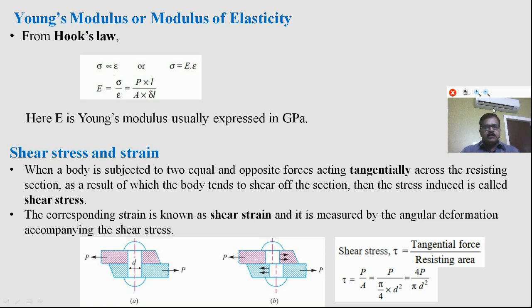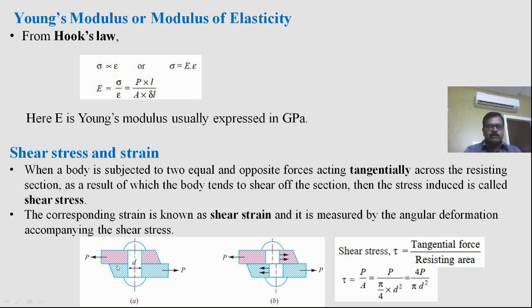So when the member is subjected to, here you can see in this diagram, a rivet is the member which is under consideration, which is used to connect the two plates. There are two plates, one plate is in the pink color and another plate is in the blue color. These two plates are connected by a member called rivet.